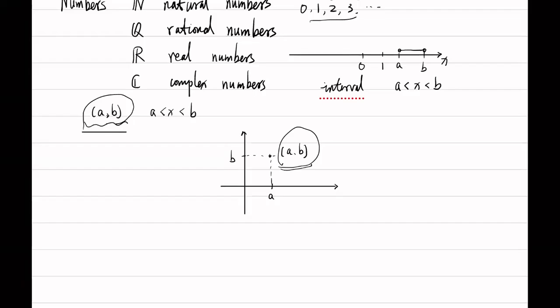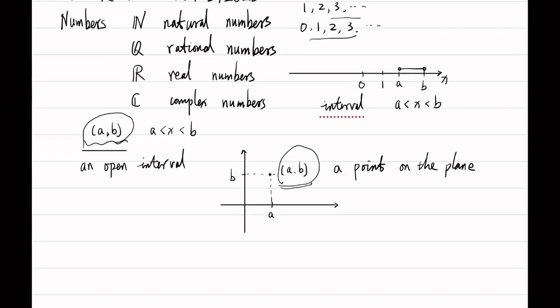So this is an open interval. This is a point, and we use R for real numbers.